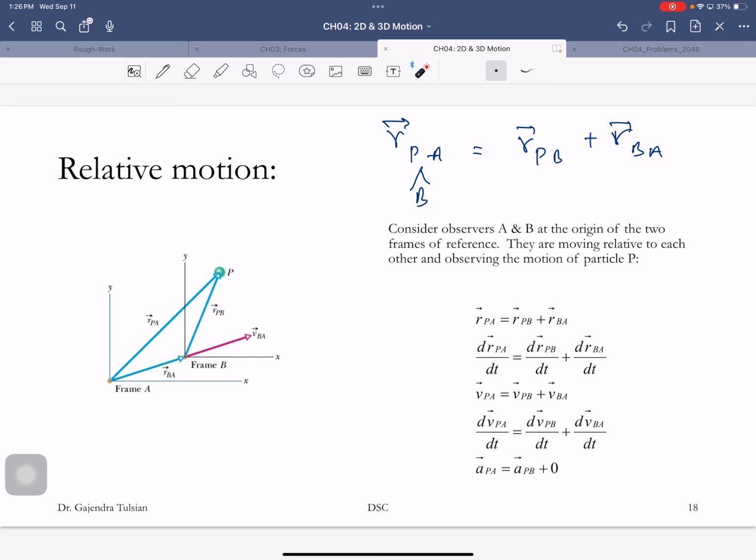Okay? And then you want the acceleration, you take the time derivative of that. Here's the acceleration of particle with reference to frame A, acceleration of particle with reference to B, and since frame B was moving at constant velocity, this is 0. So you see the acceleration is the same in both the frames. Okay? And the trajectory would be parabolic in both the frames. Okay.